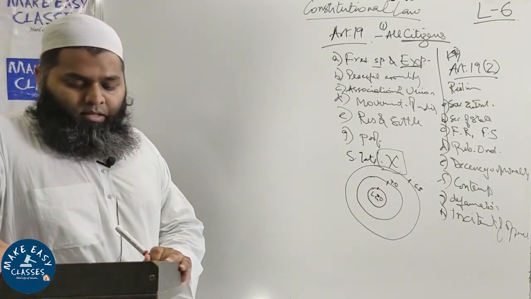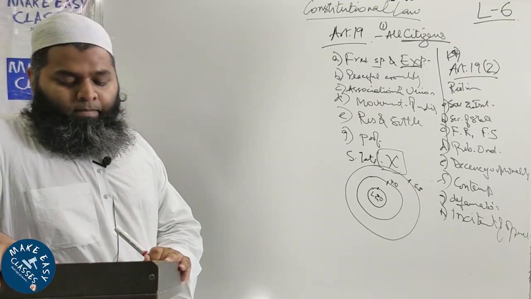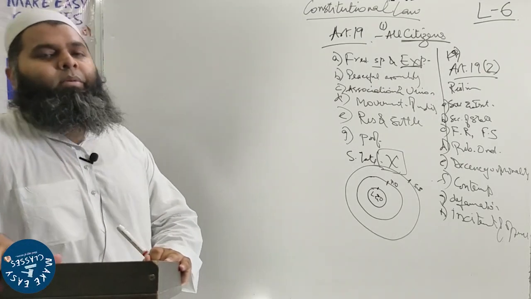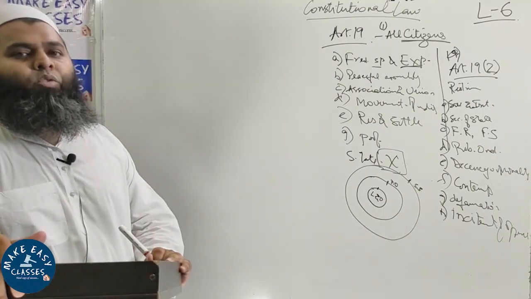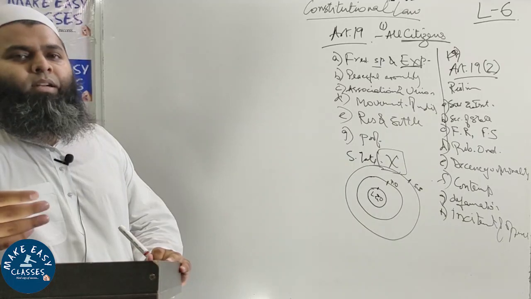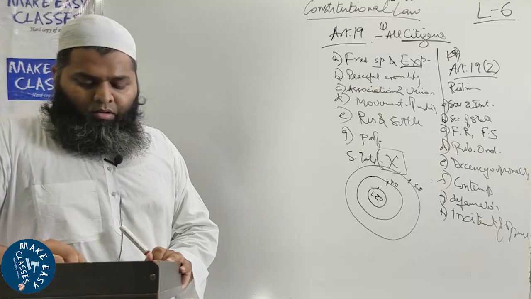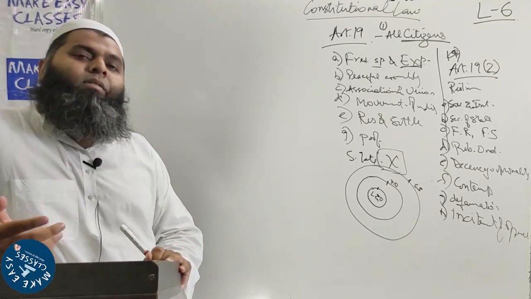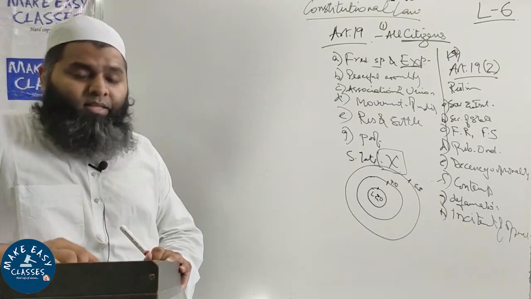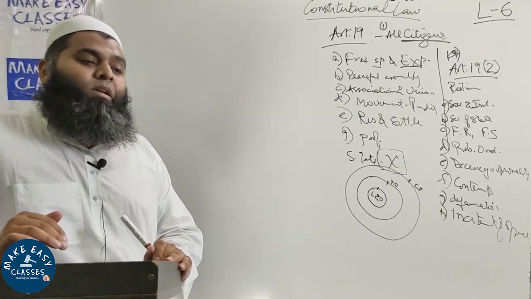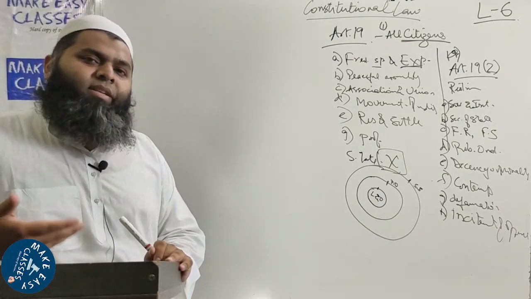Another restriction is decency and morality, meaning thereby that you do not have freedom to express certain things which are against decency, and in favor of obscenity or immorality. What exactly are these terms, decency and morality? This has been explained by the Supreme Court in various cases.